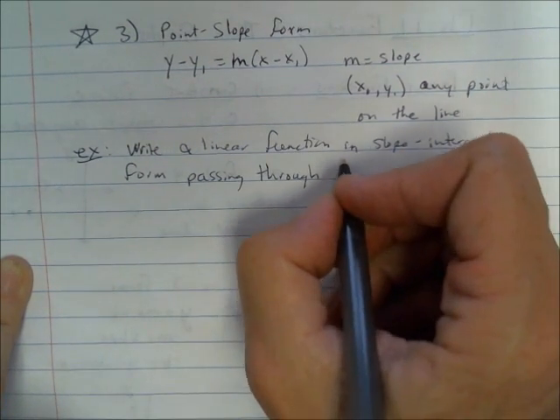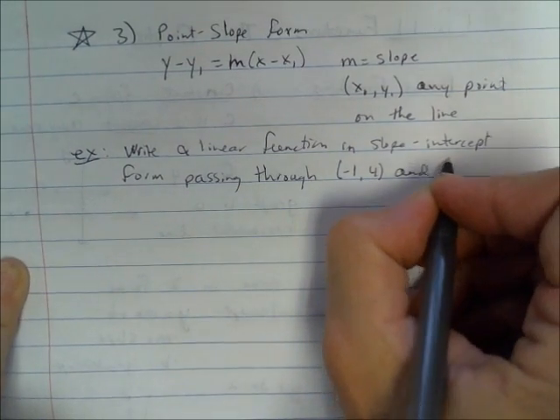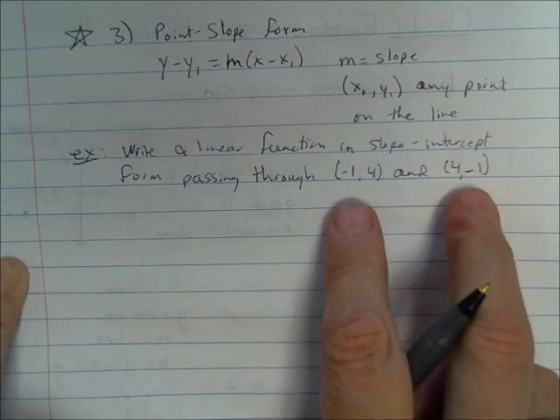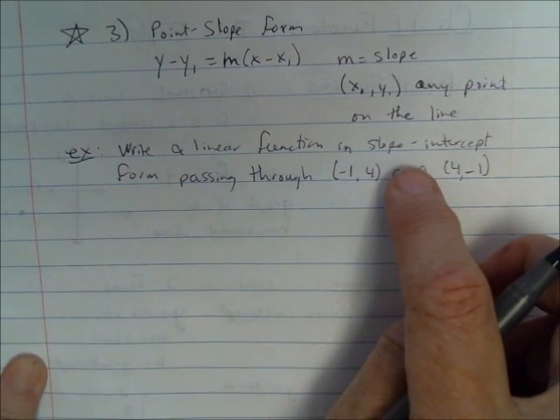Let's say we're going to pass through points (-1, 4), and let's say (4, -1). So we've got 2 points on the line, and we're going to write the linear function in slope-intercept form.